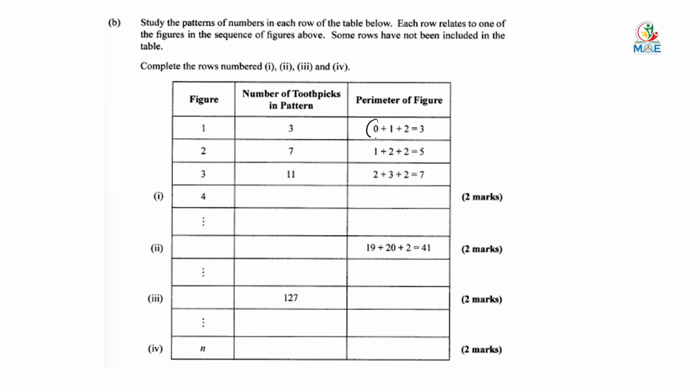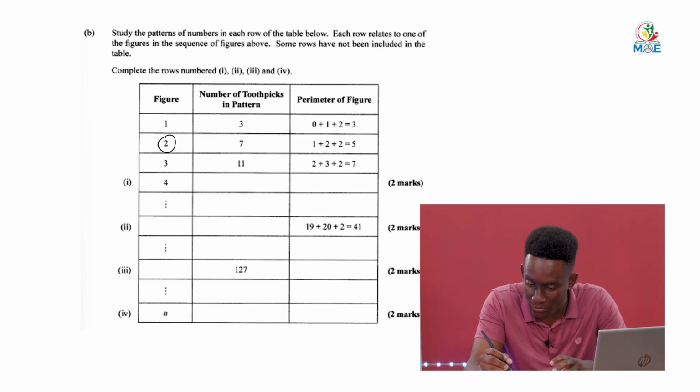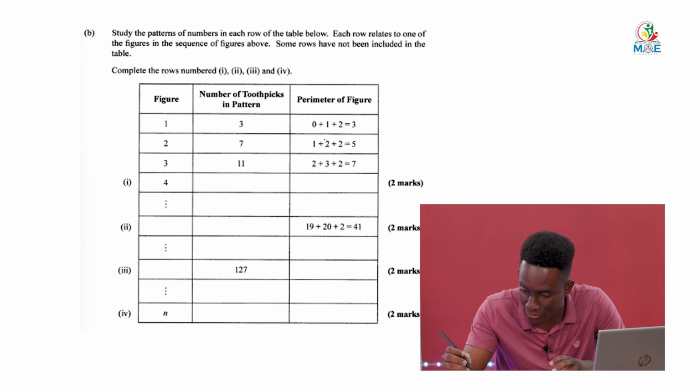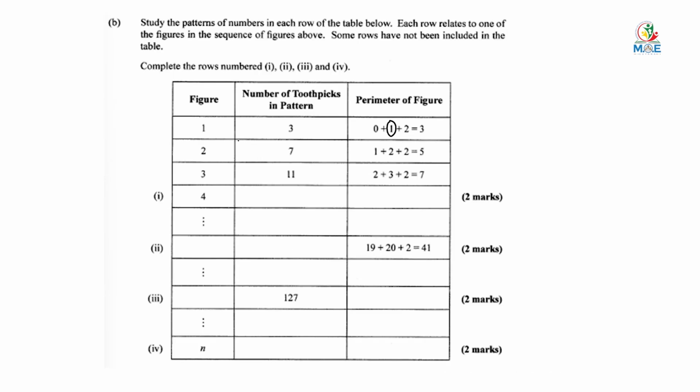And then we see this number is 0. And then we see for figure 2, this number is 1. And for figure 3, this number is 2. So it looks as though we are subtracting 1 from the figure to get this number here. And then this number here corresponds with the figure: 2 and 2, 3 and 3. And then we see this number remains as 2 regardless.